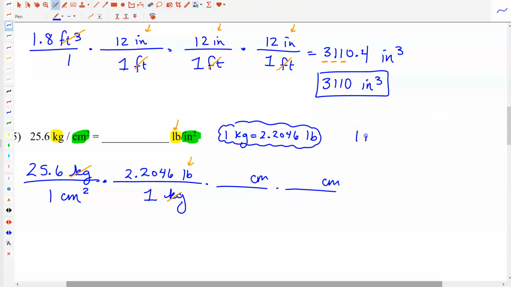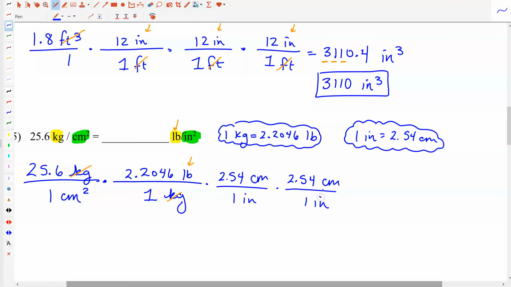We need to know that 1 inch is equivalent to 2.54 centimeters. So that will finish my conversion factors. I'm going to put 2.54 next to my centimeter labels, and then 1 inch is going to go in the denominator. So when I'm done here, my square centimeters will cancel with the 2 centimeter units in the numerator, and I'll be left with inches times inches, or square inches downstairs, which is what I wanted.